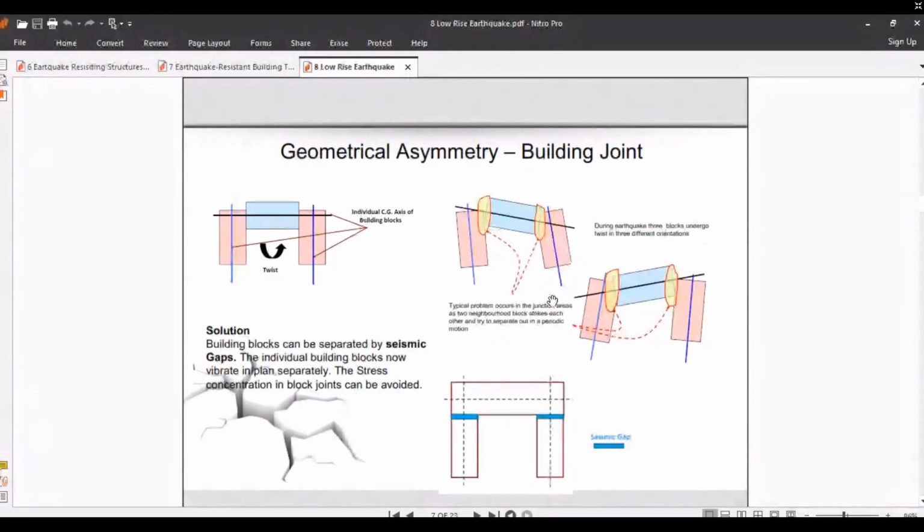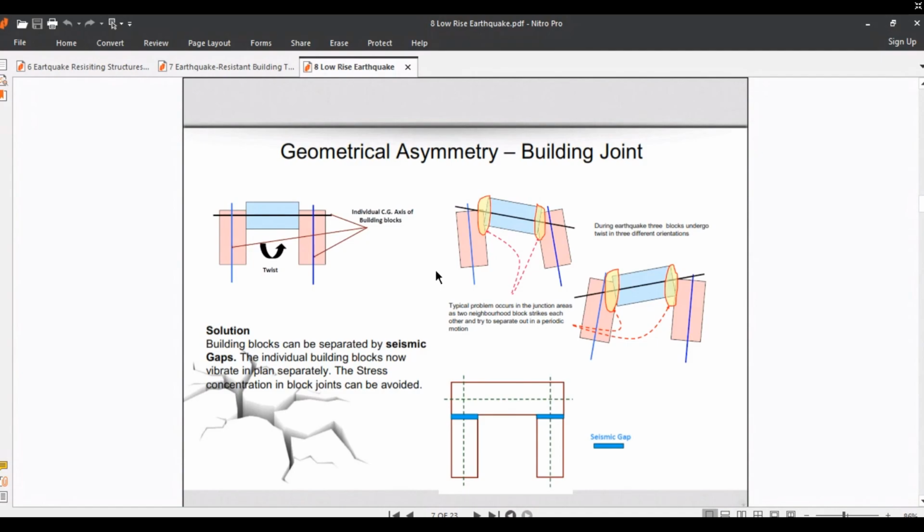You can see in these shapes the twist moment occurring in the visual CG axis of the building blocks, and typical problems occur in the junction area, as two neighboring blocks restrict each other and try to separate out in the periodic motions, as shown in these schematic shapes in this slide.